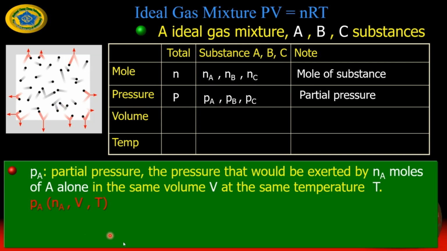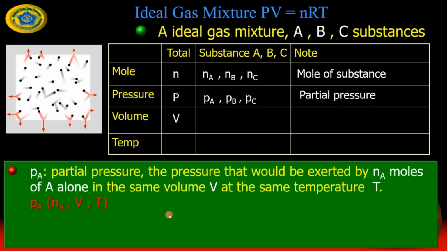Alone in the same volume V at the same temperature T. This is what we call partial pressure. Partial pressure is a function of the moles of species A, the volume, and the temperature. Later on I will tell you an equation.